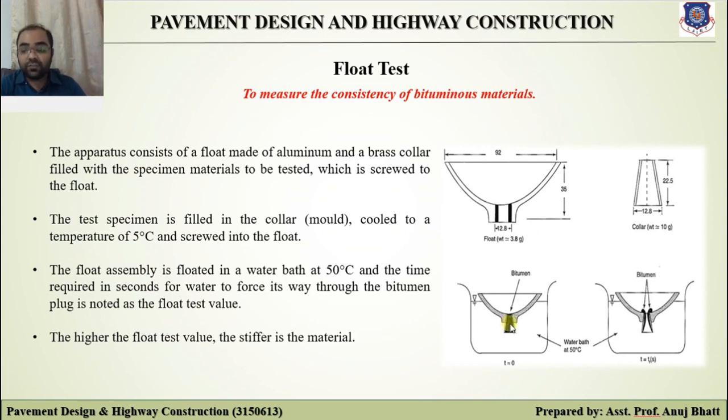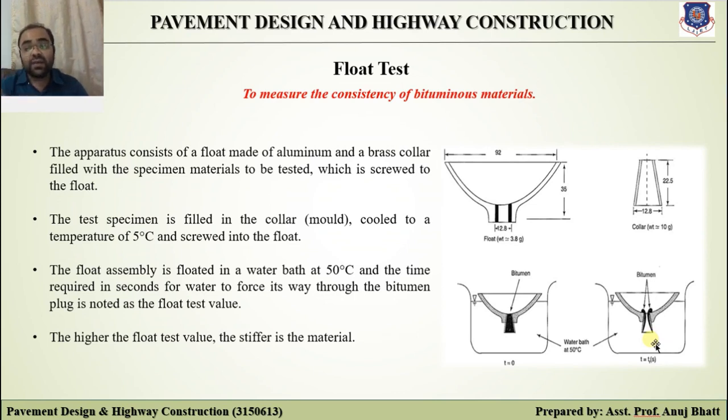Here we have bitumen in a mold. This is a float. We have kept this float assembly in water at 50 degrees. After some time, the bitumen melts and comes up over the float, and the water finds its way through that bitumen.